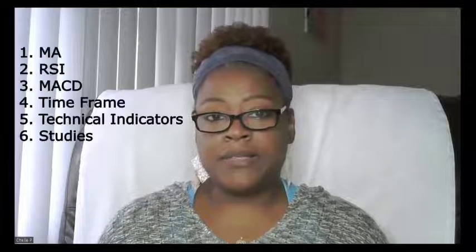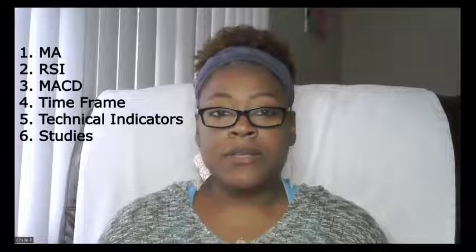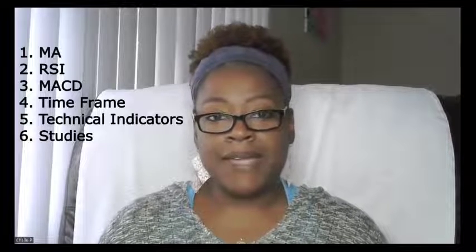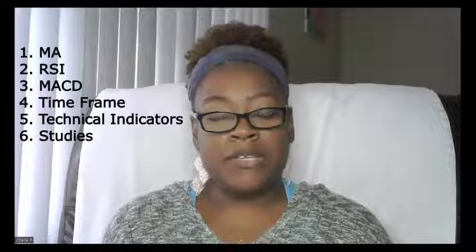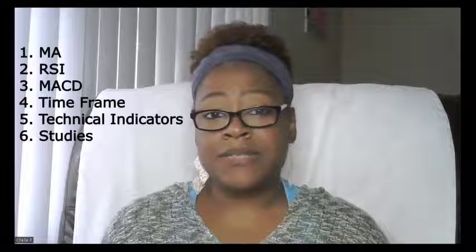So there are like 6 things that most traders would have on their chart to make sure that they're making the best moves. One is moving averages. You have your RSI, MACD, your time frame, you have your different indicators and studies.